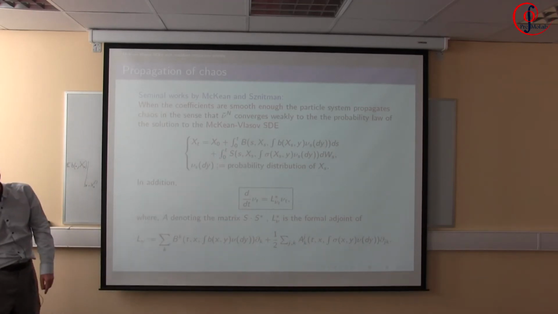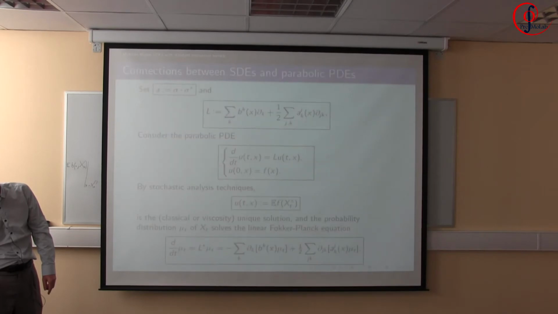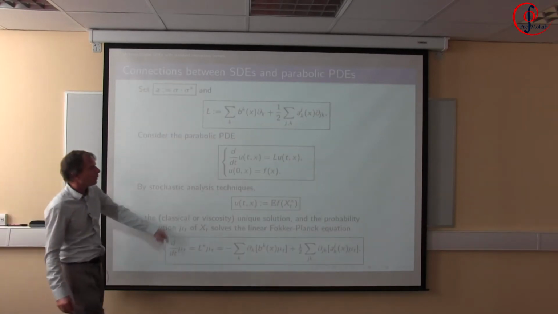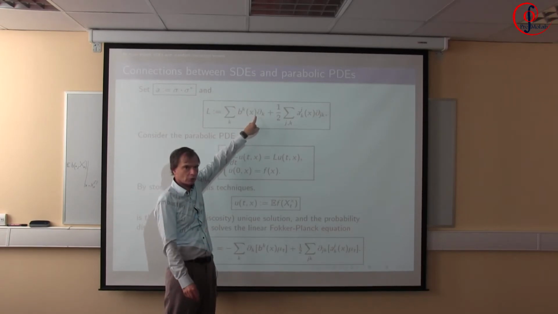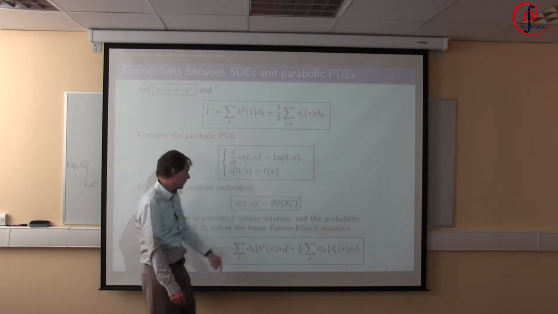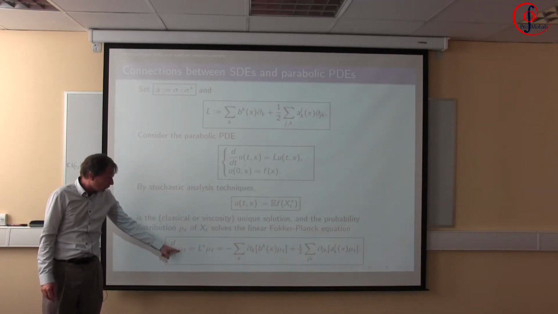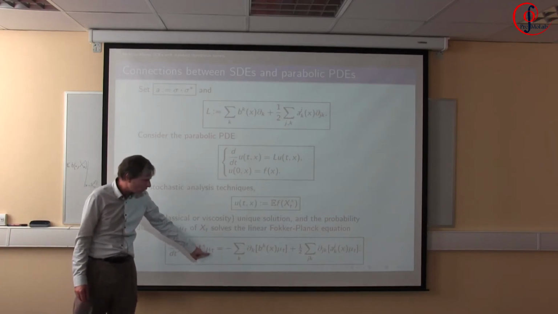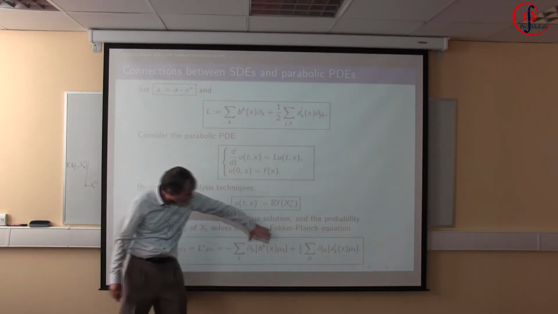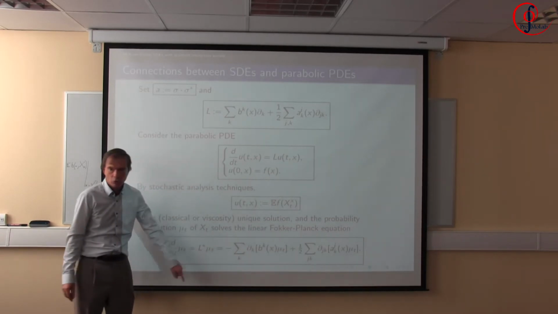So, when everything was linear in the problem, in the sense that the coefficients do not depend on the distribution of the solution, the distribution of the process solves a linear Fokker-Planck equation, d mu t over dt is equal to L star mu t, where L star has coefficients which do not depend on the distribution I'm looking for.